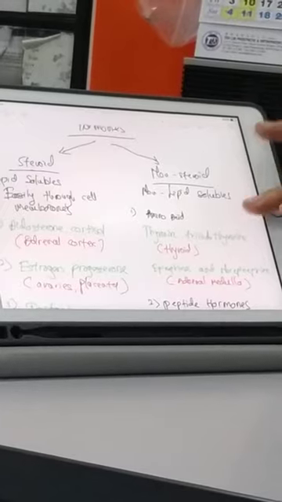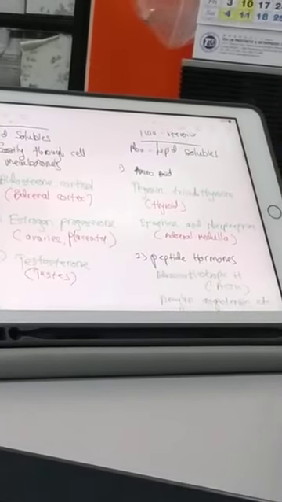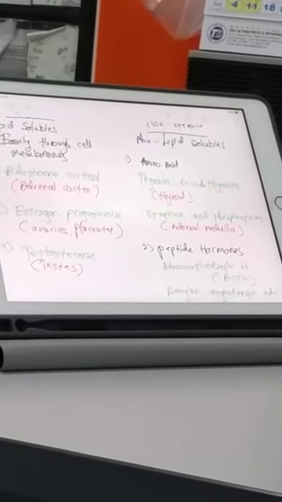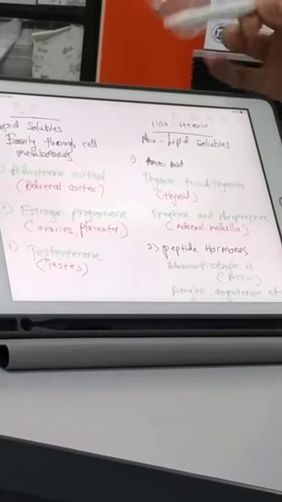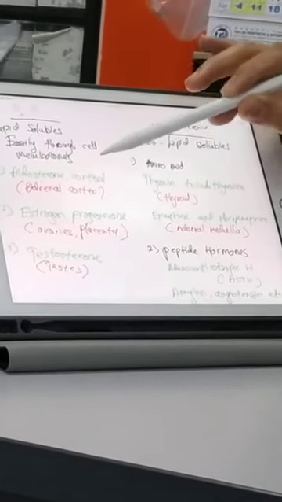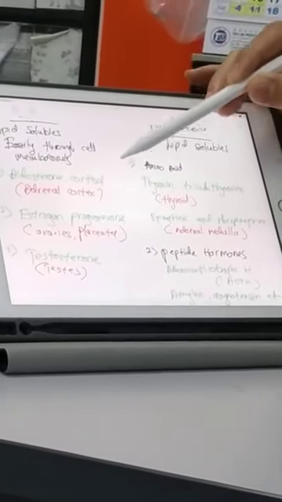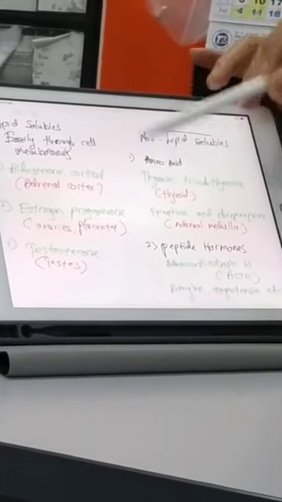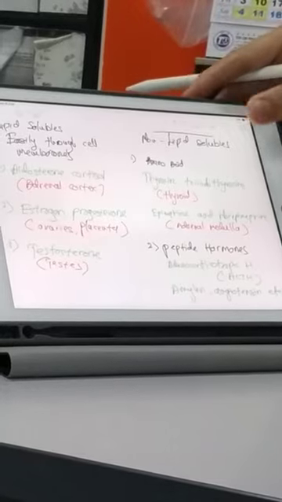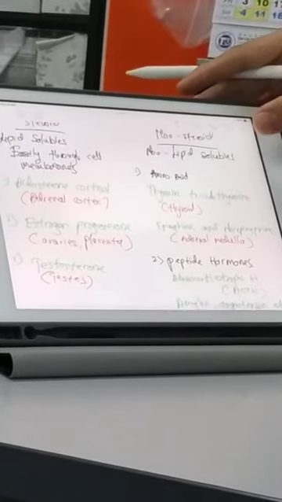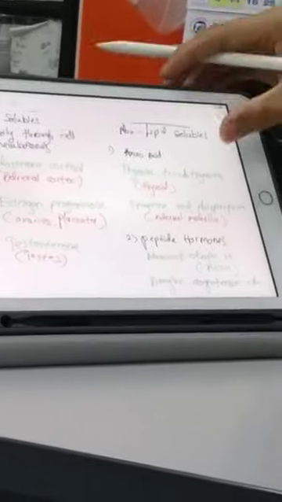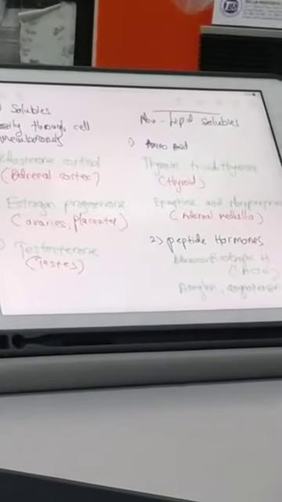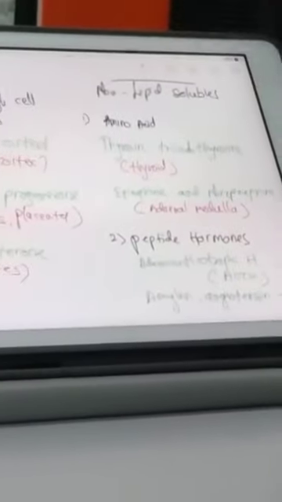For the steroid hormones, we have aldosterone and cortisol, secreted by the adrenal cortex, estrogen and progesterone from the ovaries and placenta, and also testosterone from the testes. The non-steroid hormones are subdivided into two groups, amino acid and peptide hormones.